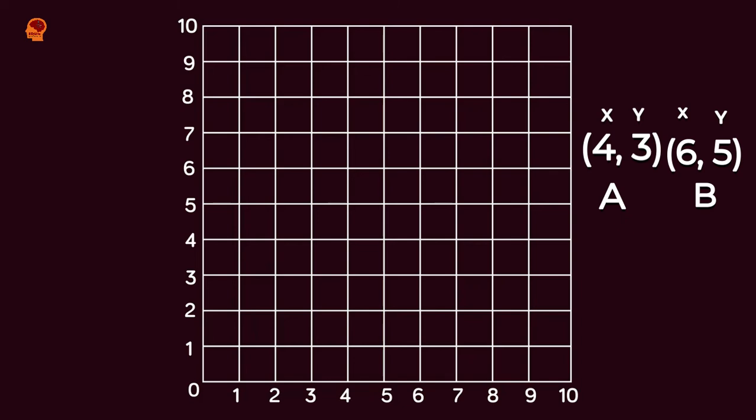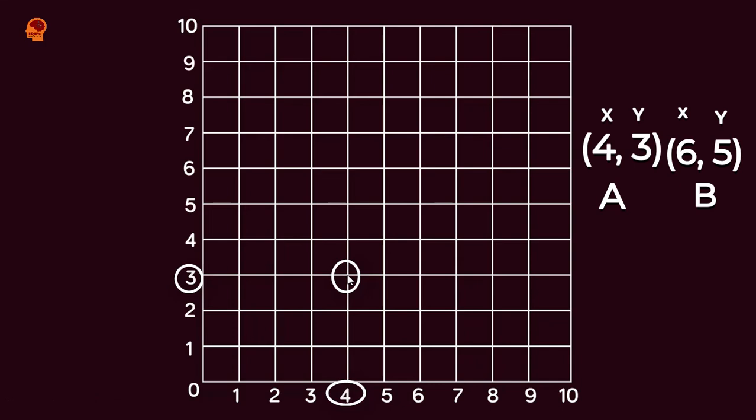Now we are moving to the graph, to the grid, to locate those points. For 4 and 3, we check the x number line to find 4, and then move up to where 3 is and put a point.